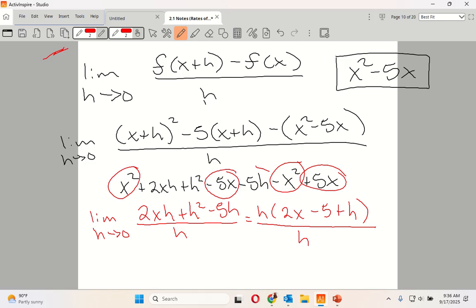And the whole reason I'm getting to this is trying to get rid of my h's. Now can I do that? I can get rid of the h's there. Now can I plug in 0? I can plug in 0 now, right? So if I plug in 0 here, my limit is going to look like this: 2x minus 5.